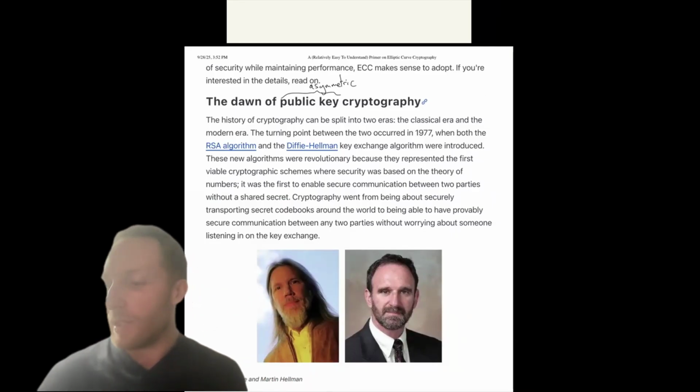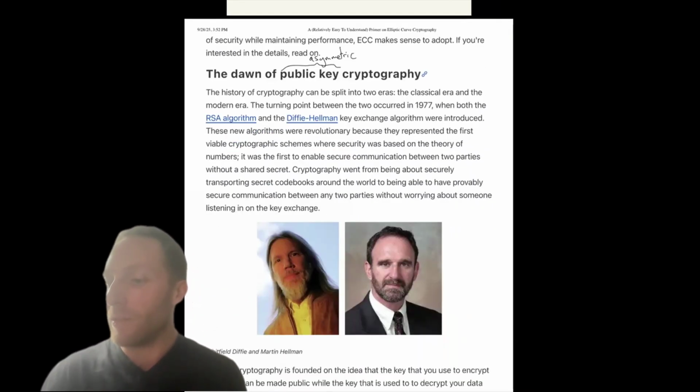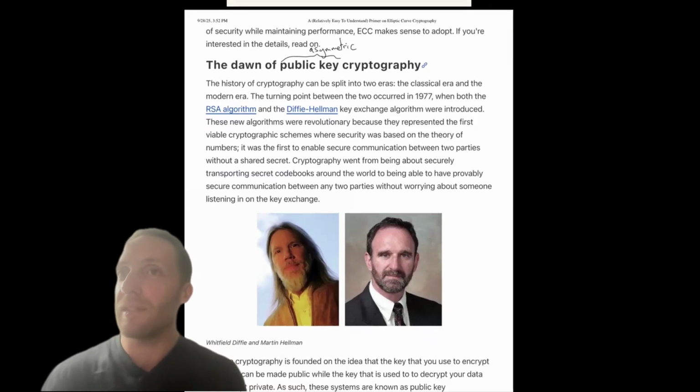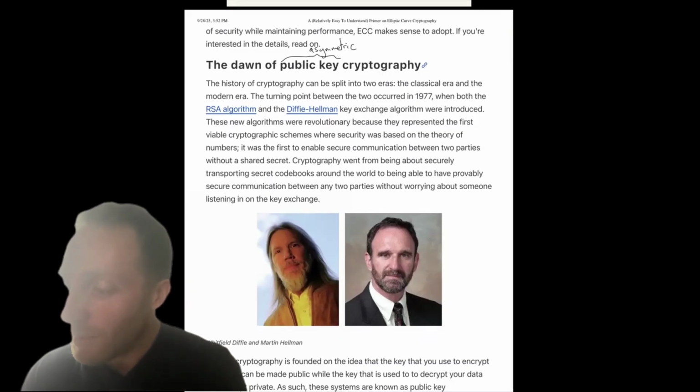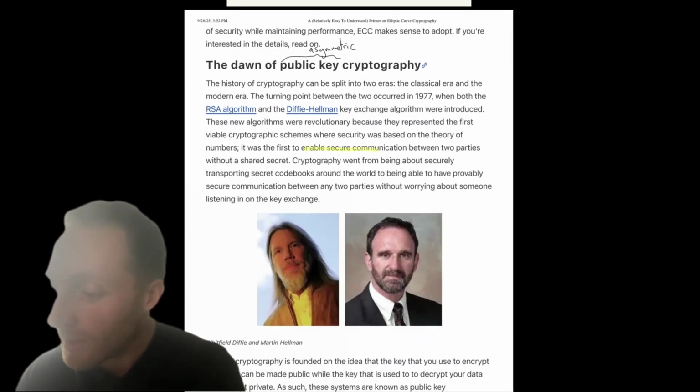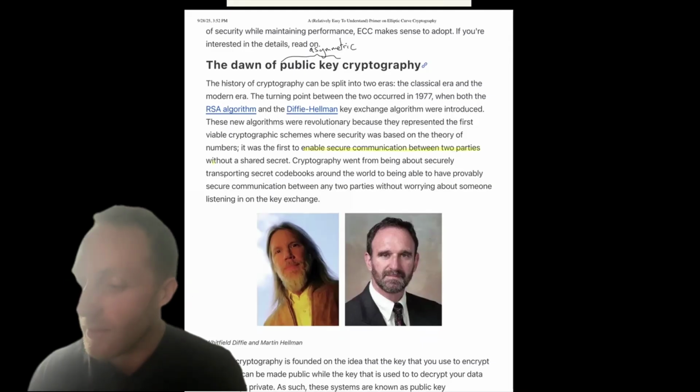So the point he explains here of public key cryptography, the revolution that came about, is because you can enable secure communication between two parties without a shared secret.